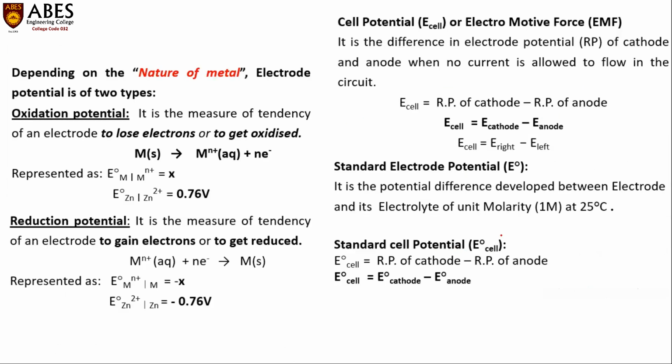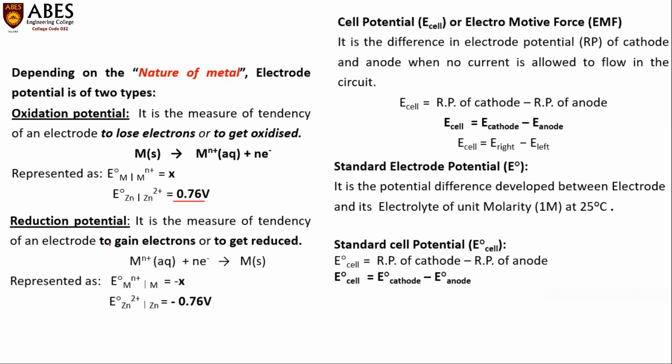This electrode potential depends upon the nature of the metal, and it is of two types: oxidation potential and reduction potential. Oxidation potential means when a metal loses electrons, the potential that arises is known as the oxidation potential. Suppose zinc metal loses 2 electrons, so the potential is known as oxidation potential.